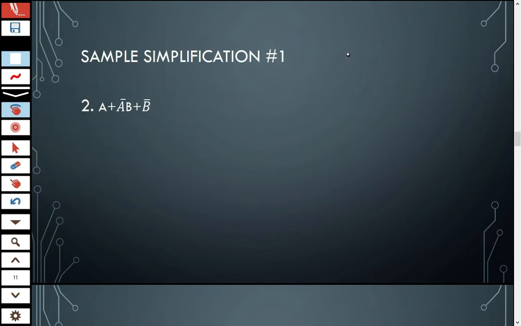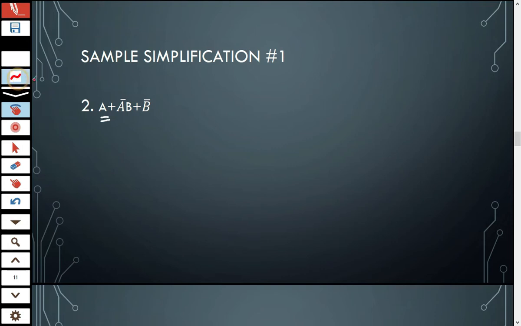This time, let's take another example for simplifying Boolean expression using Boolean algebra. So let's look for the similar terms, and for this case we cannot find, but however, we can actually expand this term, just like what we did on the first example.